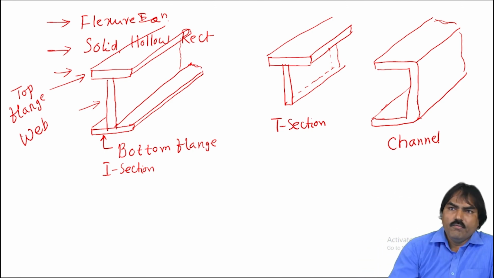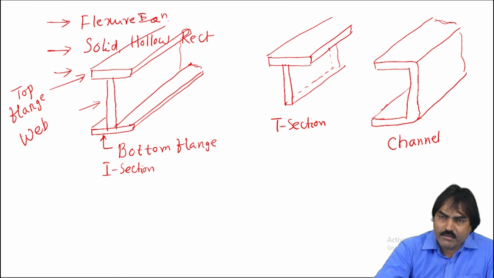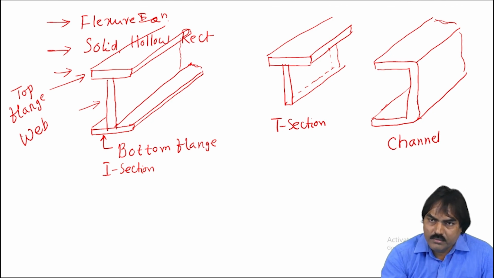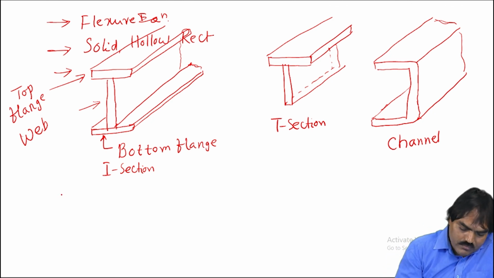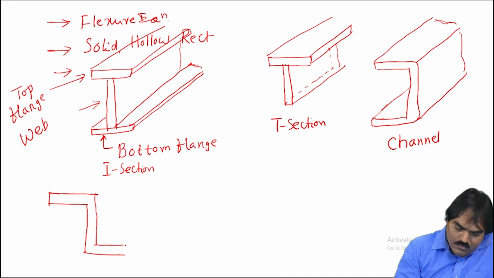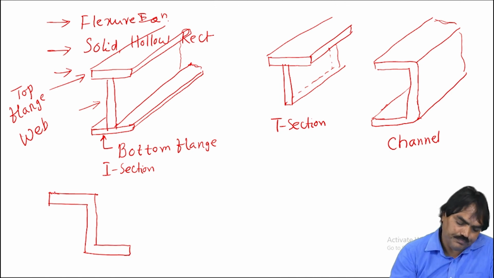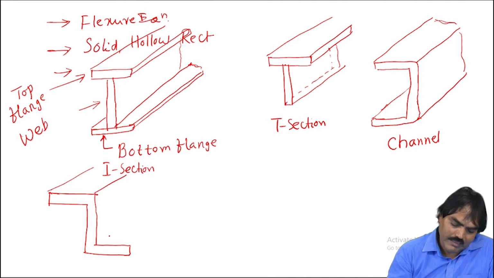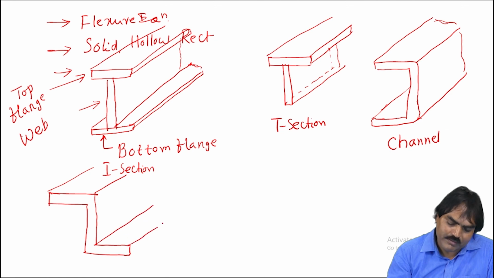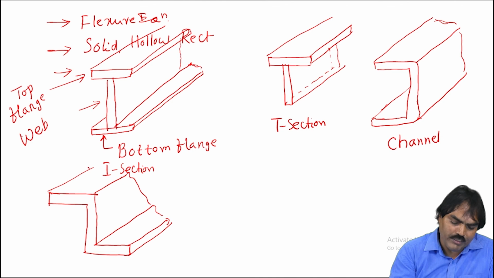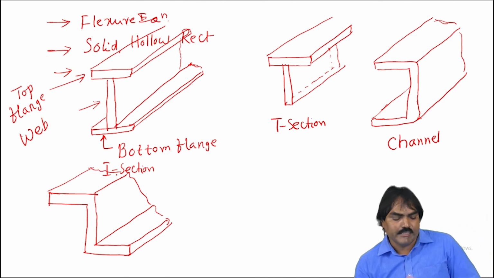For this channel section, if I change the location of the top flange or bottom flange to the opposite direction like this, this is the Z section. Lengthwise, the beam will go like this. I'm not showing the entire length, only a portion of the length. This is the Z section.